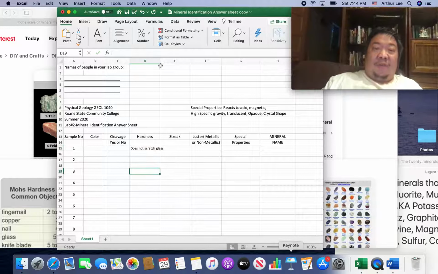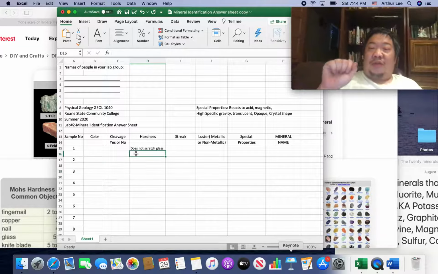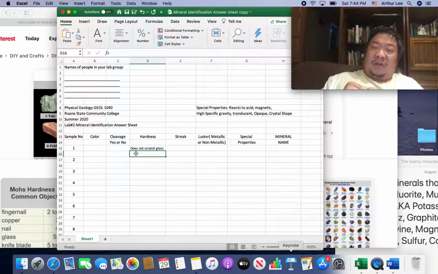You can go a step further if you also, for some of the minerals, I'll try and scratch with my fingernail. Now, the thing you want to remember is glass has a hardness of 6.5, whereas your fingernail has a hardness of 2.5. So if I could scratch a mineral with my fingernail, it has a hardness of less than 2.5.